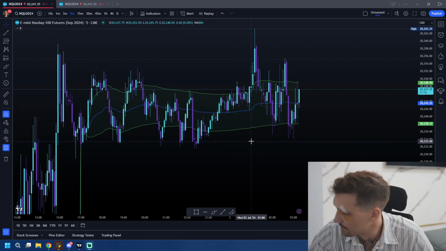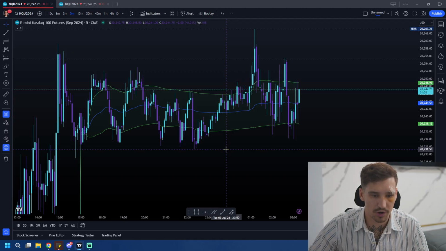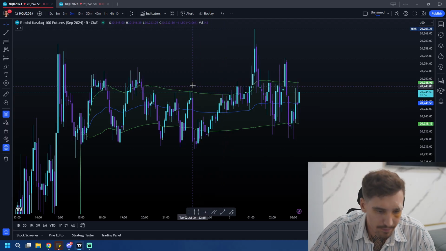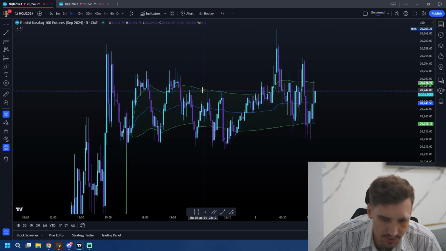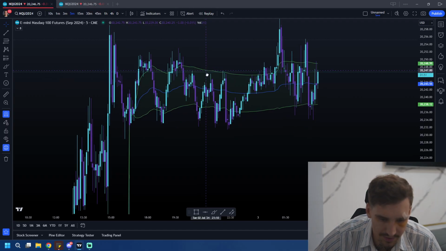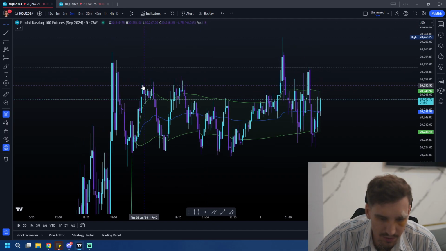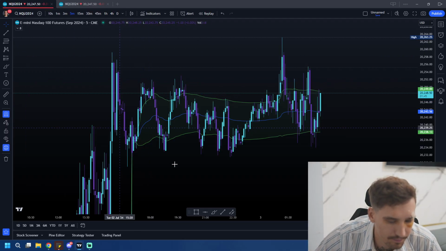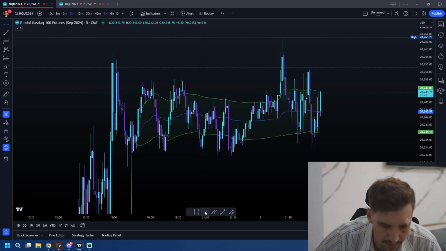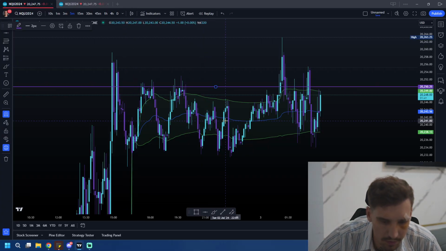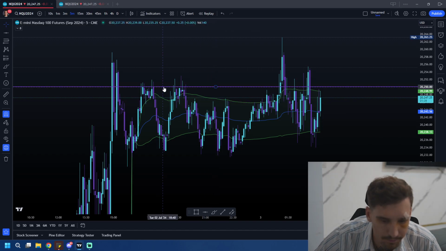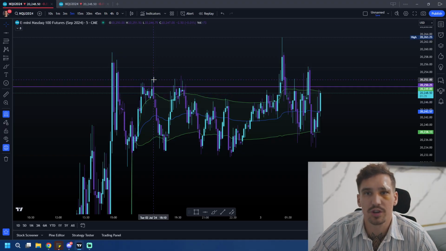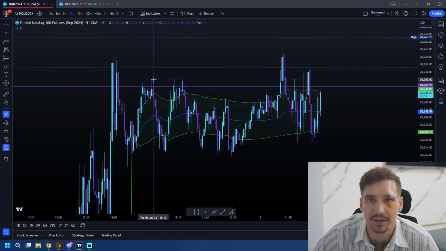So as you can see on my screen right here, we have the 5-minute chart. And the first thing I want to point out is that every single time we've had a top right here, like you see this, this would be a pivot point, right? Every single time it's hit it, it's swept just a little bit above it, right?